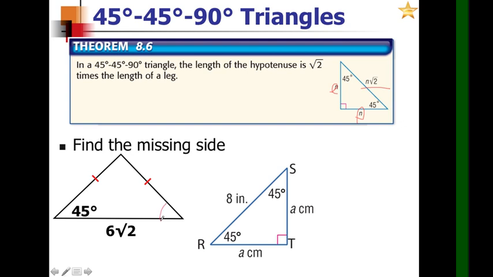And obviously, this is 45 because they are equal, right? Because they are equal. The length of the side opposite the 45 degrees is equal to the length of the side opposite the other 45 degrees. So this is obviously 90 degrees, a total of 180 degrees inside the triangle. Now we will find what is this.